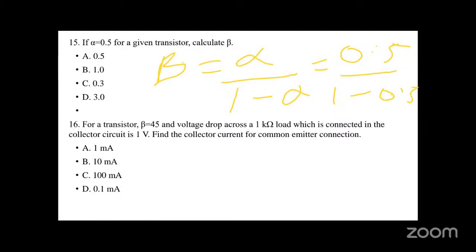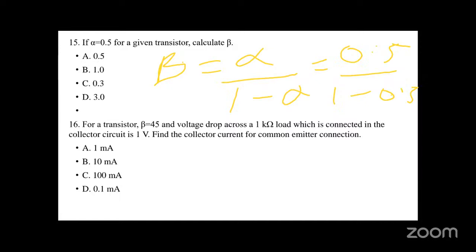There is a relationship between alpha and beta, and that is beta equals alpha over 1 minus alpha. So 0.5 over 1 minus 0.5, which is also 0.5.